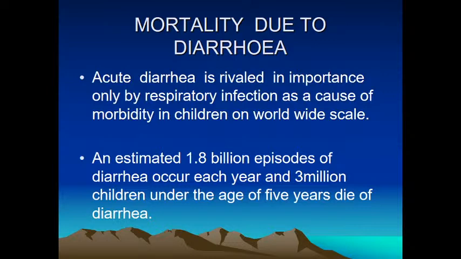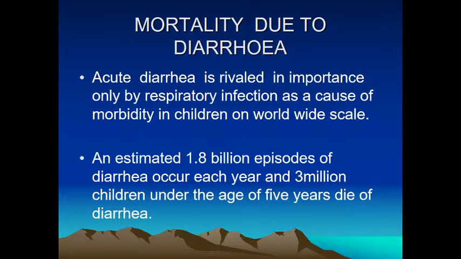As I said, acute diarrhea is rivaled in importance only by respiratory group of infections as a cause of morbidity in children everywhere in the world, including India. An estimated 1.8 billion episodes of diarrhea occur each year, and 3 billion children under the age of 5 years die of diarrhea. So many children and so many bouts that we have.